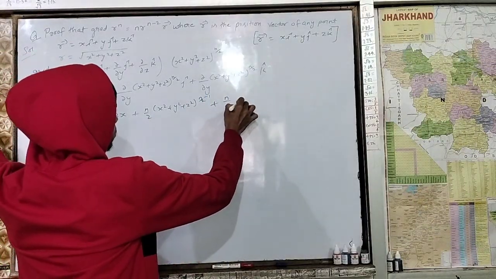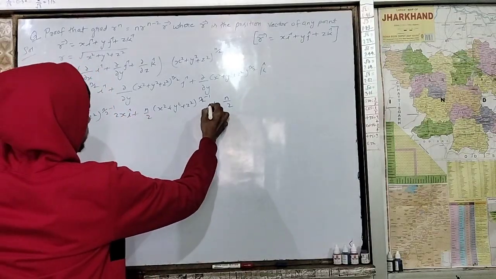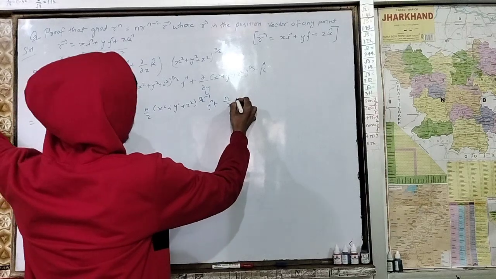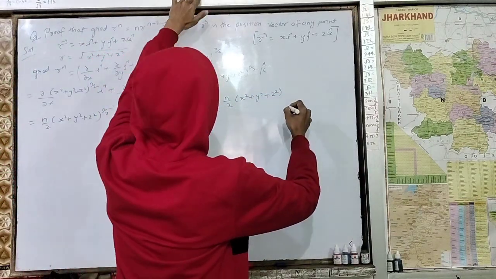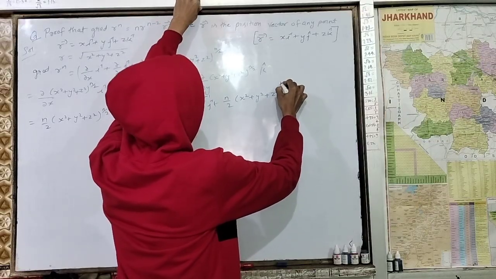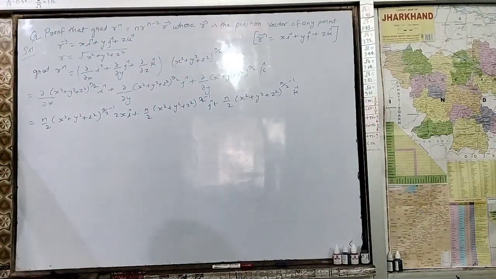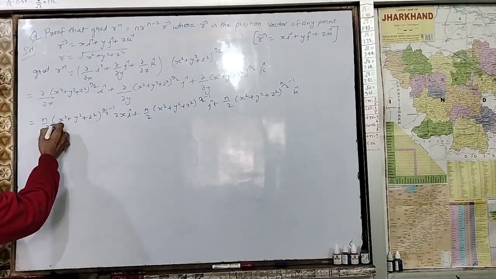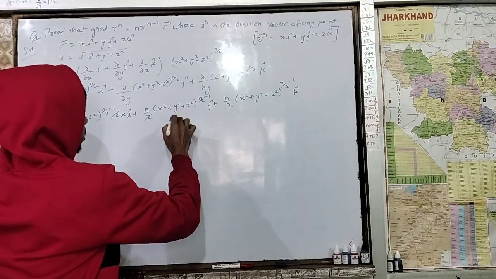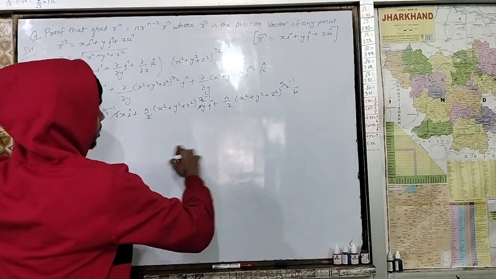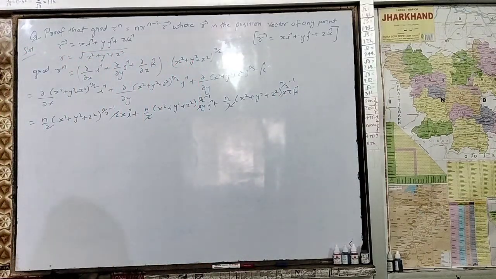The third term is n by 2, and remember this is along i cap, this is along j cap, n by 2 times (x square plus y square plus z square) raised to power n by 2 minus 1, which is along k cap. Now you can see, brother, this 2 is cutting with the other 2. Same over here, and this will be 2y, this is 2z, cutting to each other. Am I correct?